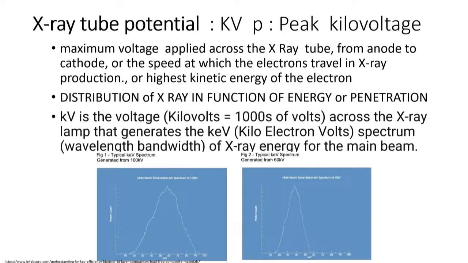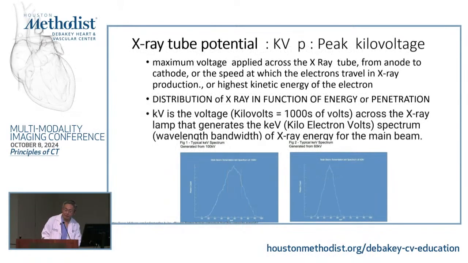So this is the key sentence here. Kilovolt is the voltage that you apply across the X-ray tube that generates the keV, kiloelectron volts. So kV is what you apply to the tube, and the keV spectrum is what you get after, because you don't always get exactly the same, but usually it's always lower than the peak kV.